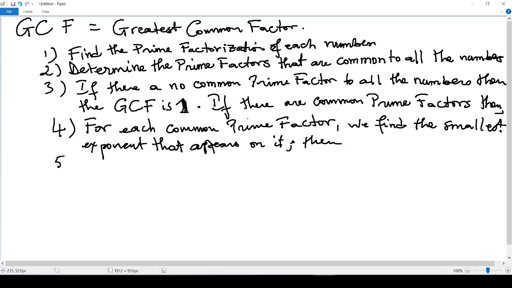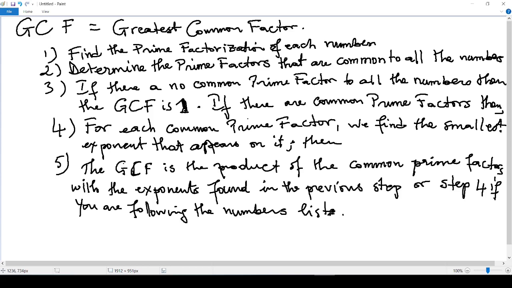And at step 5, the GCF is the product of the common prime factors with the exponent found in step 4, the previous step, if you are following how we listed our steps.